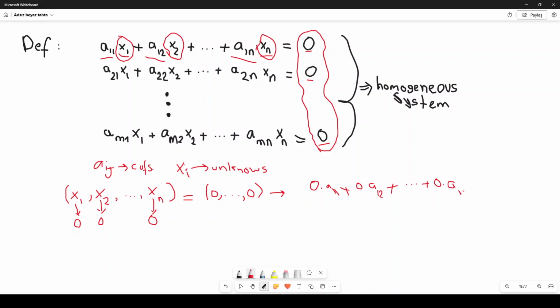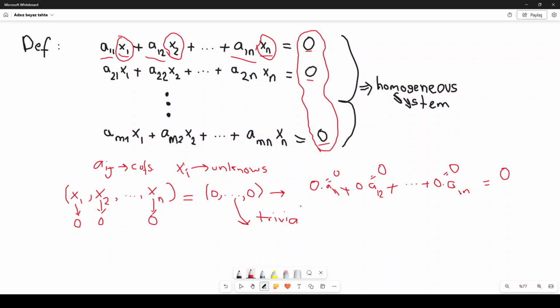Multiplying any coefficient by 0 gives zero again, and summing up all the zeros yields 0, so surely each equation is satisfied. So if we take all the unknown variables equal to 0, we are done. We have one certain solution, and this is known as the trivial solution. This is the trivial solution to any homogeneous system.